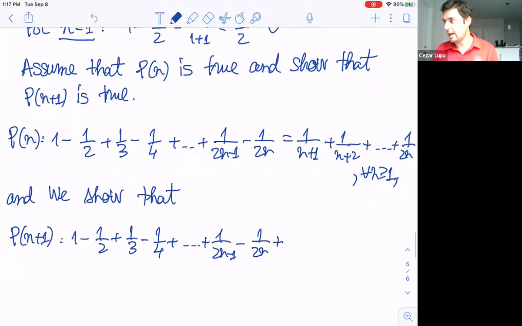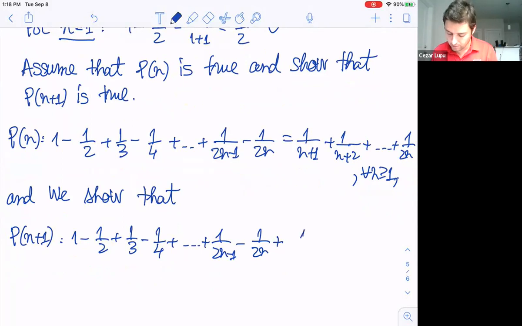If I put here n plus 1, I will get what? This will be 1 over 2n plus 1, right? Minus 1 over 2n plus 2, right?